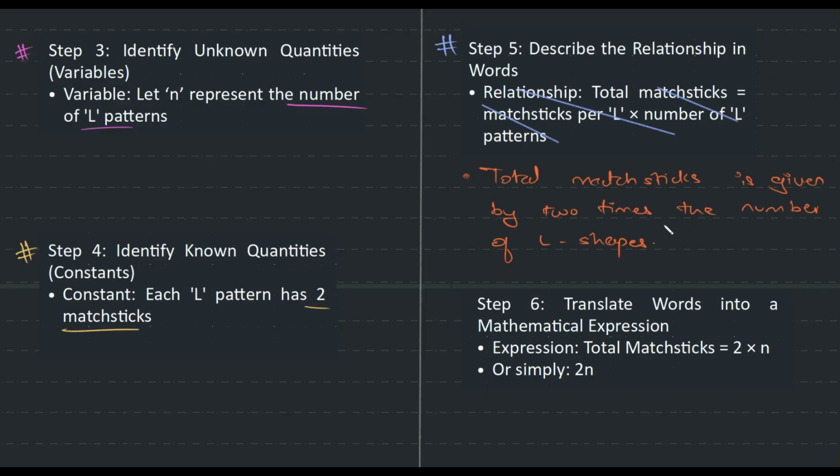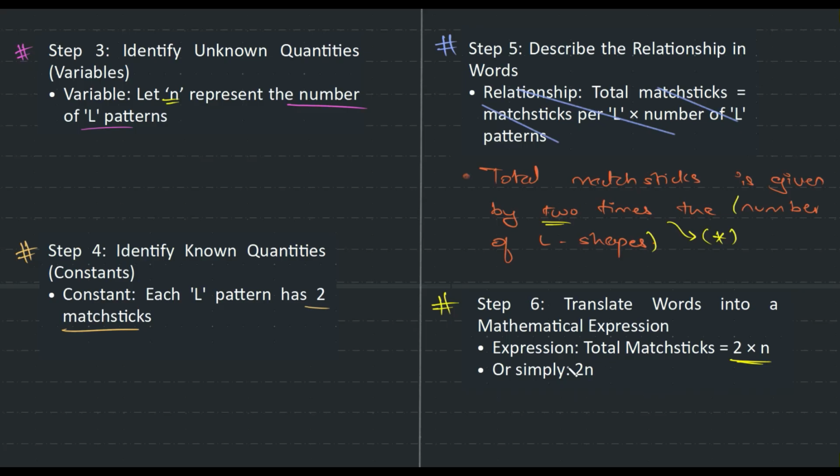And then we will talk about, okay, times means multiplication. That's the operation that we are going with, or we can just write this symbol, multiplication. And 2 is the number 2. And the number of L shapes is n as per this statement. So 2 into n. And that would be our final mathematical expression.